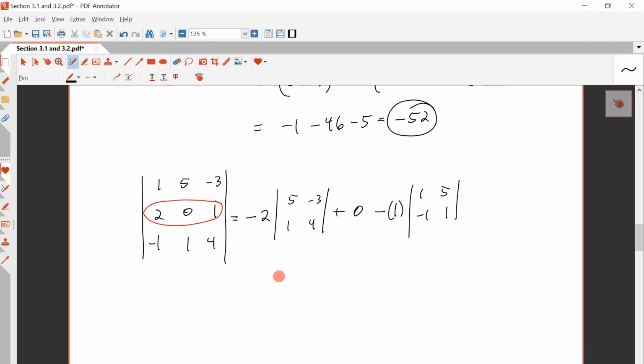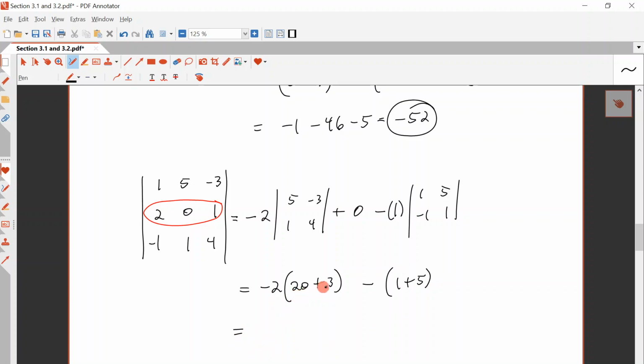Calculating that, we get minus 2 times 20 plus 3, plus 0, minus 1 times 1 plus 5.